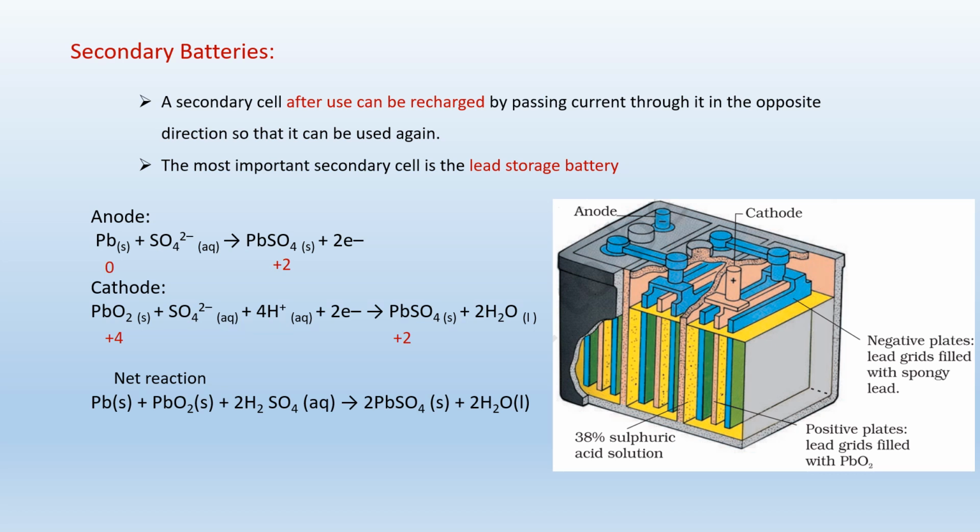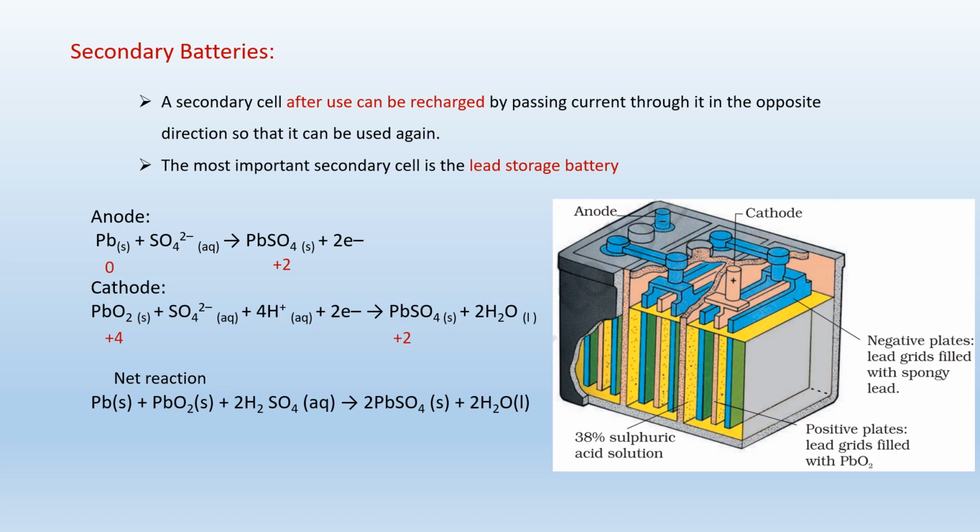And coming to the electrochemical reaction part, lead is oxidized to lead sulfate. Pb is converted into PbSO4, and see the oxidation state, 0 to +2 oxidation state. That is, it loses the 2 electrons. Oxidation occurs at the anode, right?